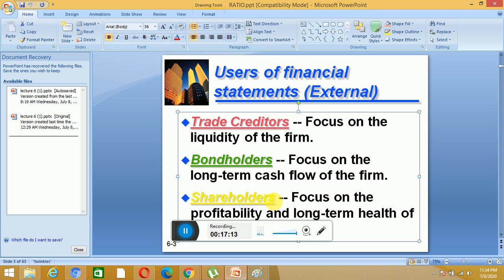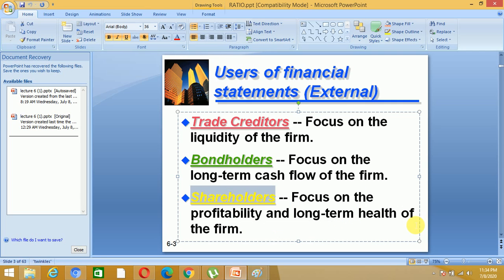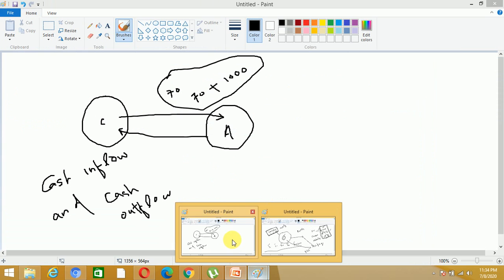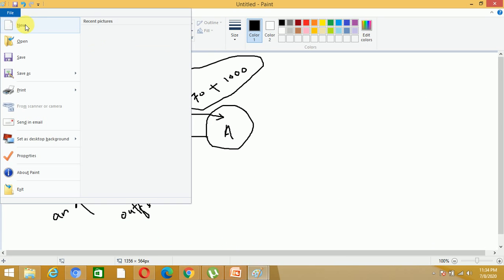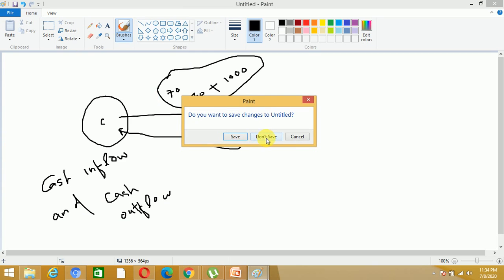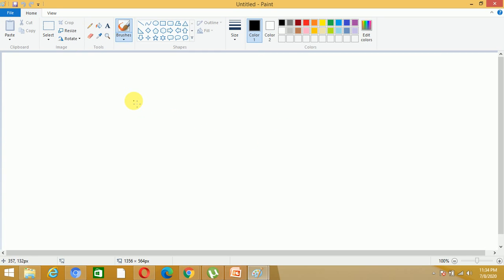The last thing, that is shareholders, focus on the profitability and long-term health of the firm. What is a share? Just like a bond, there is another agreement that is called a share.